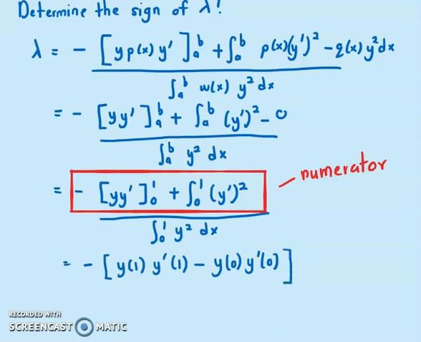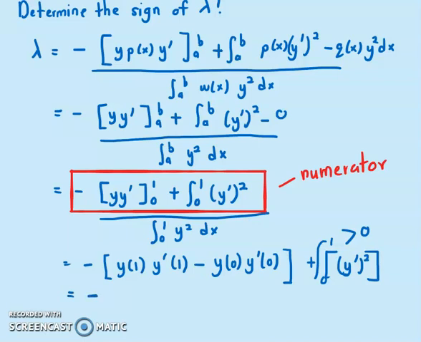The integral part you don't have to worry about because it will always be positive: y prime squared integrated from 0 to 1 will always be greater than 0. We don't have to look at the denominator. We just focus on this one.